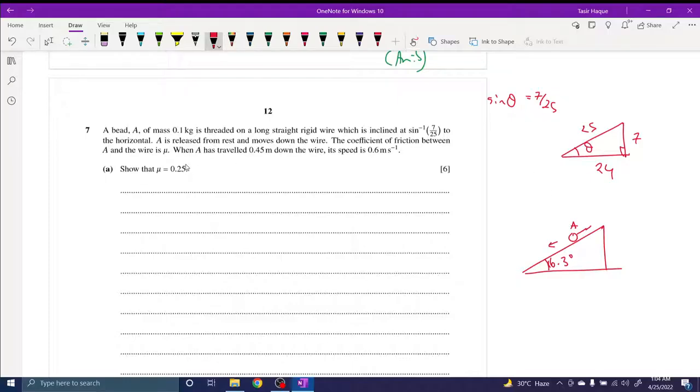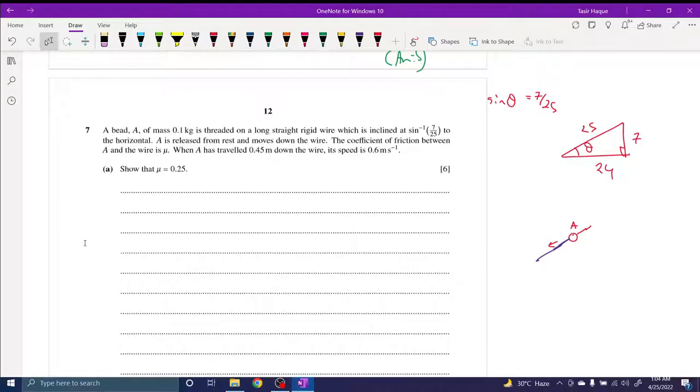That's mu. Oh, we don't have a slope actually. There's just a wire. It's threaded along this, and it's just like inclined. So it's falling down. There's friction between the wire and A. So when A has traveled 0.45 meters down the wire, its speed is 0.6.